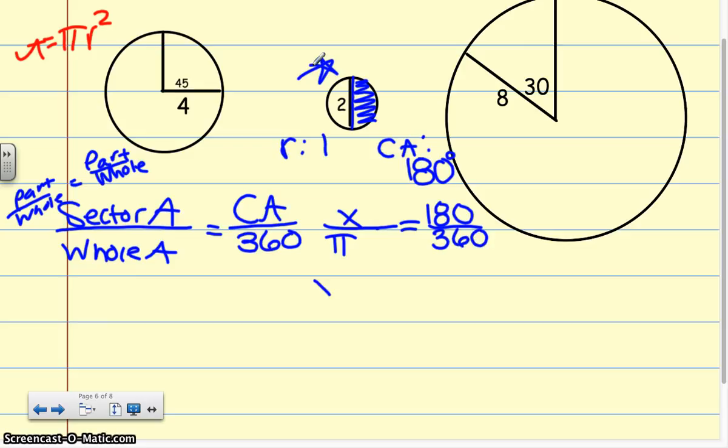So our x would equal 180 times pi, call it 3.14, divided by 360. Punching that into my calculator, 180 times 3.14 divided by 360 is 1.57. That is saying the area of my sector, what I am coloring in right now in red, is equal to 1.57 units squared.